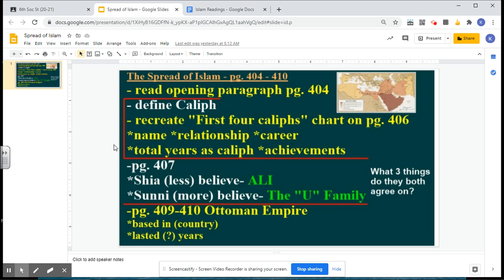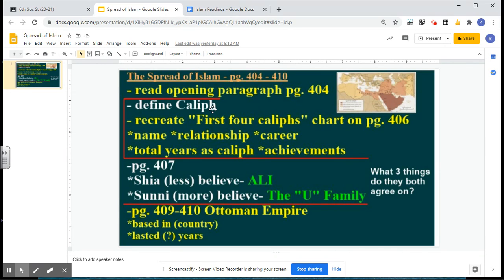Okay, so the word caliph basically means successor or the person who is going to be in charge next. A couple of other things you could write for the caliph is that they are the leader of Islam, or you could say they're in charge of Islam or the leader of the religion. So, however you want to word it, that would take care of the definition of caliph.